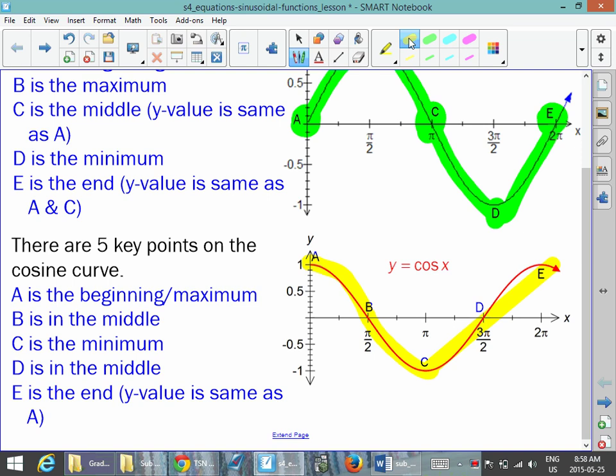We have talked about horizontal translations. Picture a parabola. If we take the parabola and shift it to the left or the right, that is a horizontal shift. And really, the sine and cosine curves, one can be generated from the other by a horizontal shift. Okay?